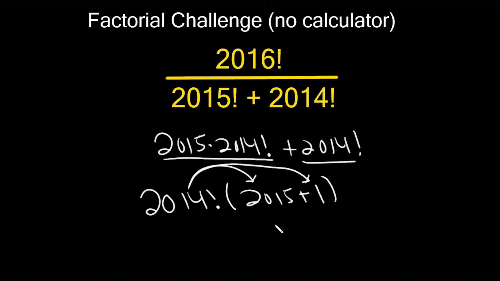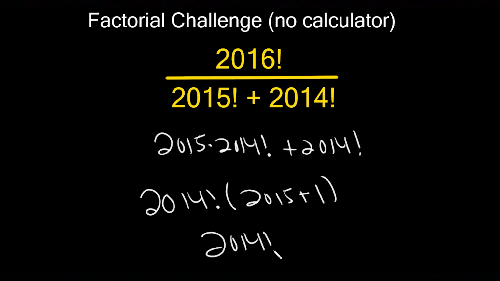And so now think about it, 2015 plus 1, that's 2016. So now I can continue on with the problem. I can say 2014 factorial, right, times 2016. Okay, so that's my new denominator. And now on my numerator, I have this 2016 factorial. What could I do there?